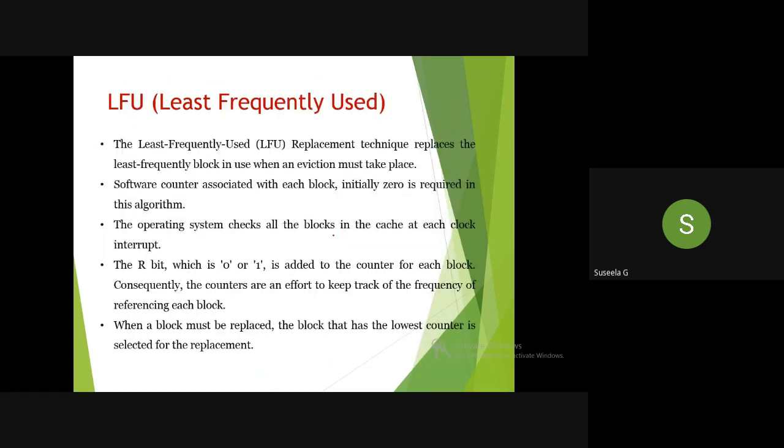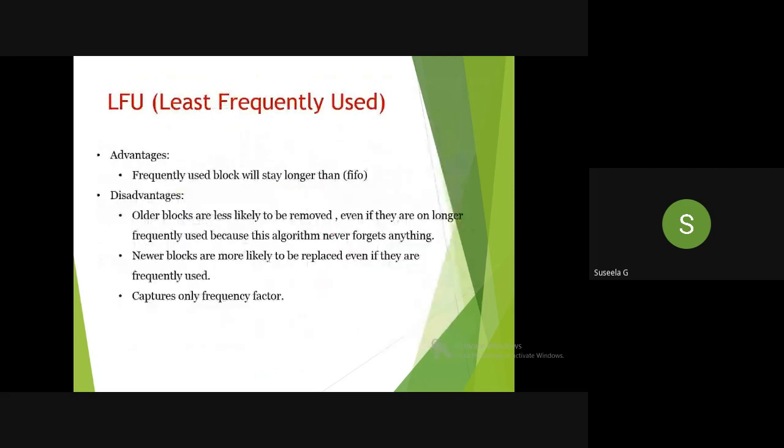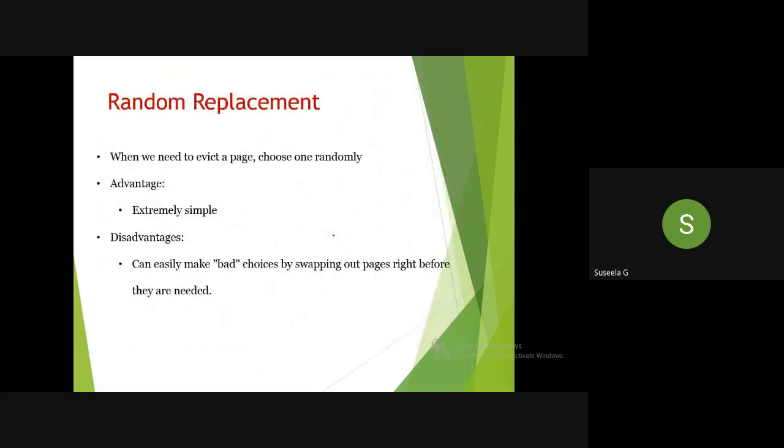Okay, so other theory things you can go ahead. And the other method, random replacement, there is no need of any specific algorithm or format. Simply you can randomly change. But you can easily make bad choices by swapping out pages right before they are needed. That is the drawback of random replacement.